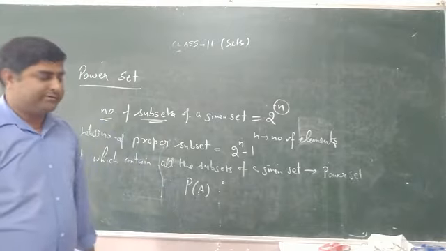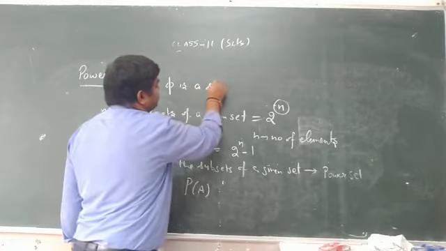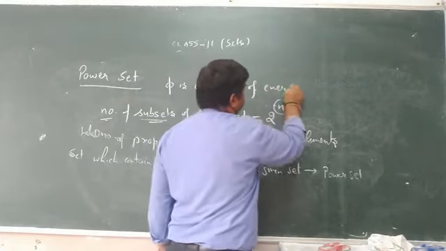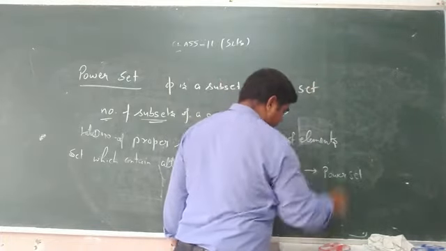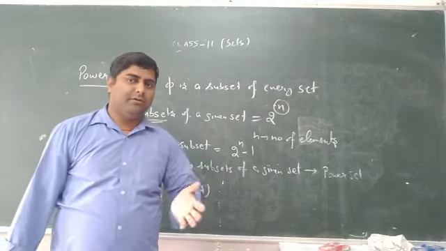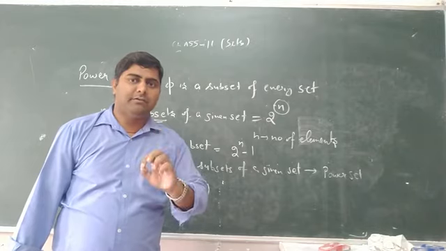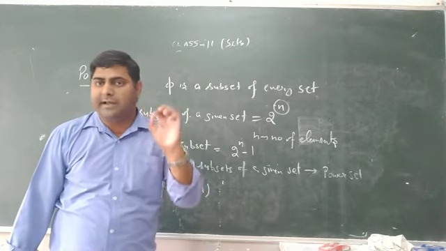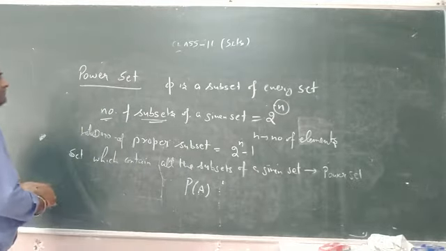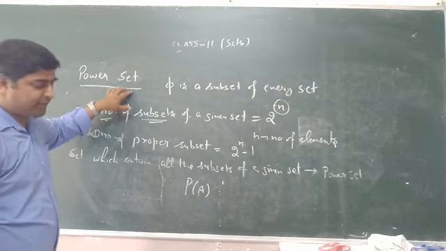One important thing, phi (the empty set) is a subset of every set. When we write the subsets of a given set, keep in mind that phi must be written, because phi is a subset of every set. So this is the meaning of power set.